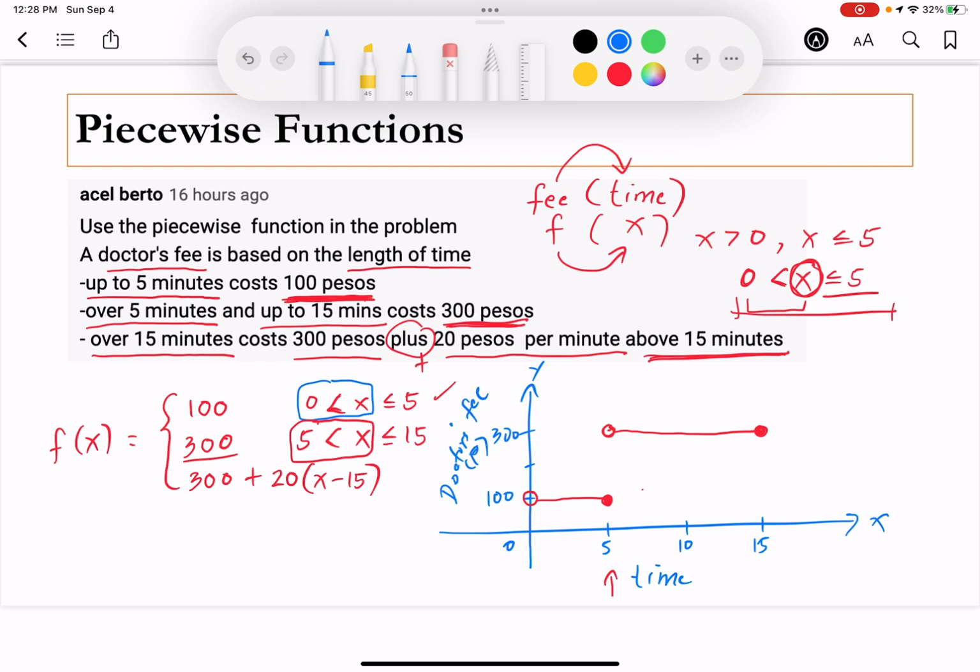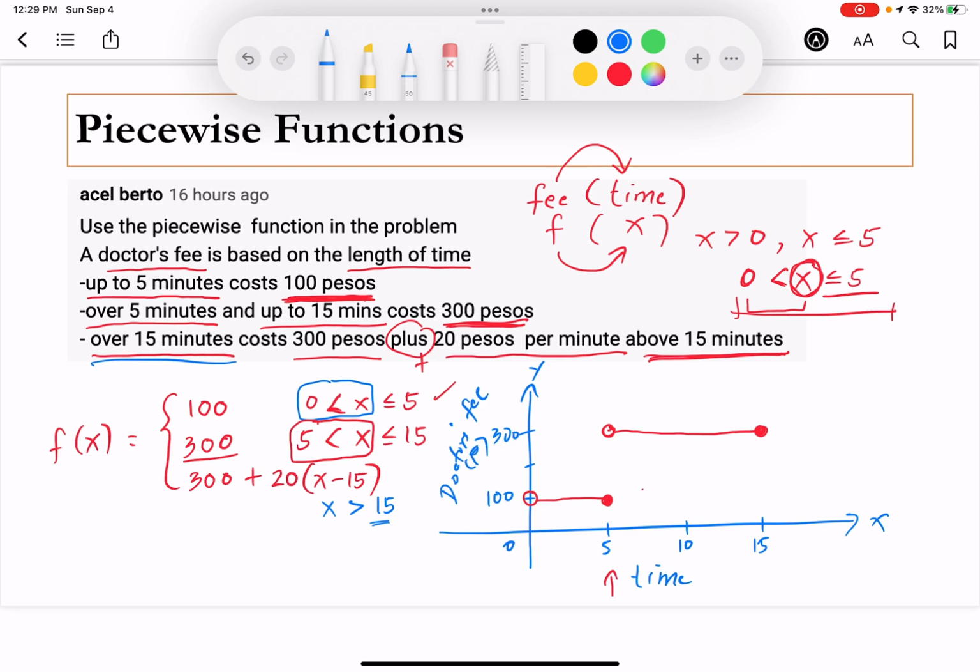And the last condition, hindi ko pala nasulat yung last condition here. I'll just write it here below. X here is greater than 15 minutes. Kapag daw sumobra sa 15 minutes, it's 300 plus 20 times x minus 15. So, sa ganitong pagkakataon, we still need to start with 15.